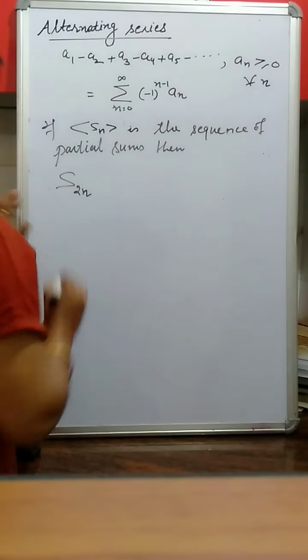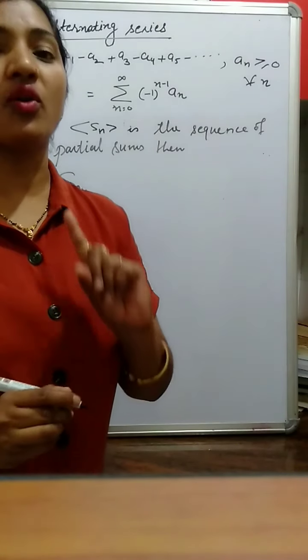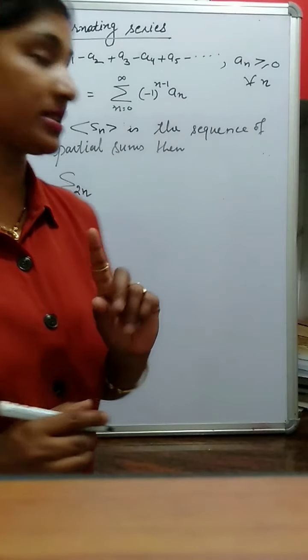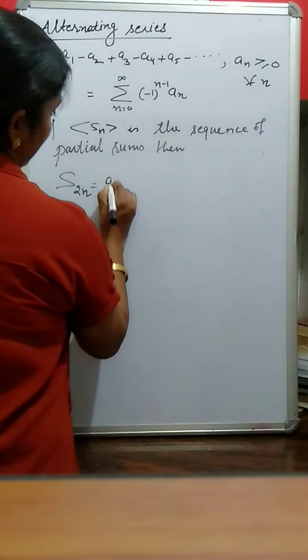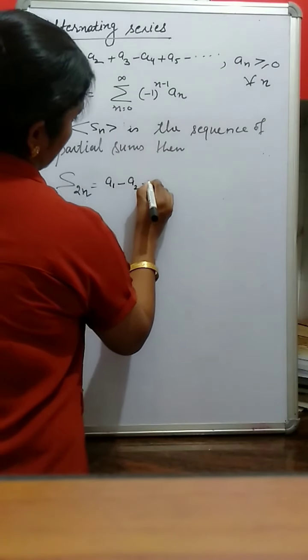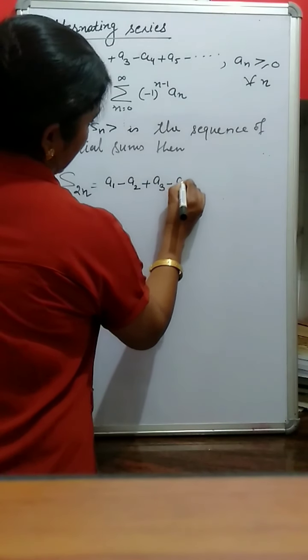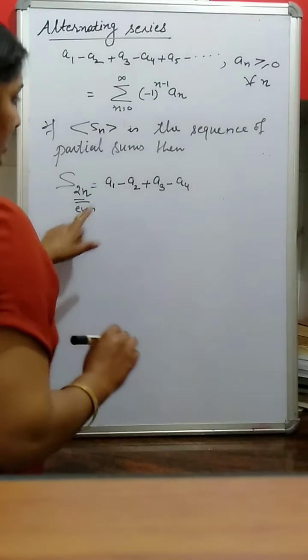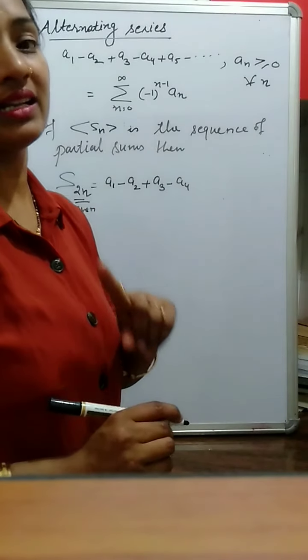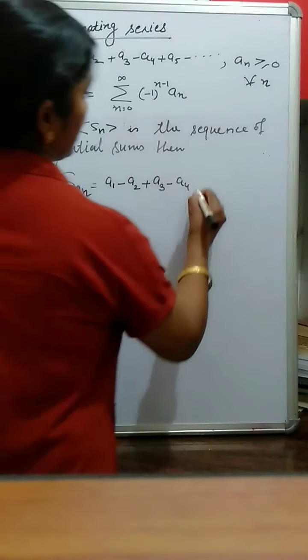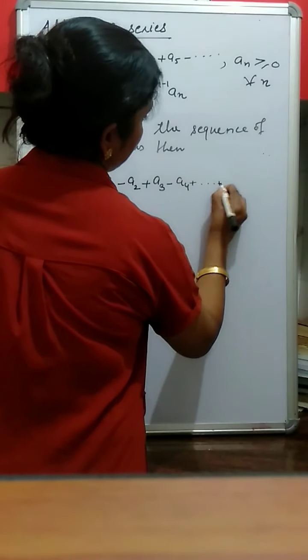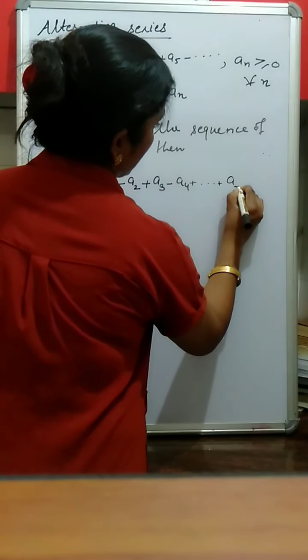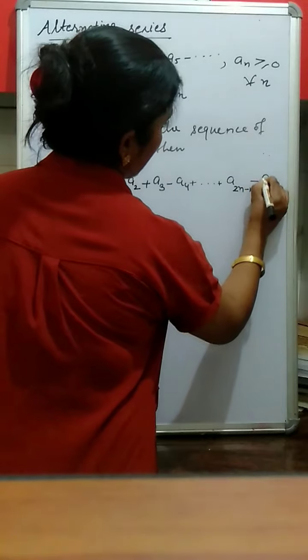S2n means the sum of the first 2n terms. So it is a1 minus a2 plus a3 minus a4. See, 2n is even, so the term will end at minus a2n. So it will be like this: a2n minus 1 and the last term is a2n.